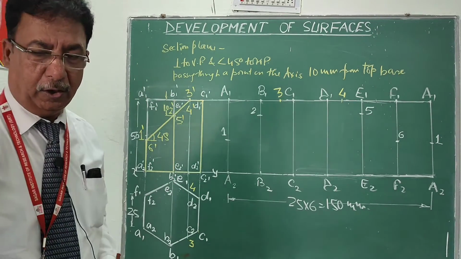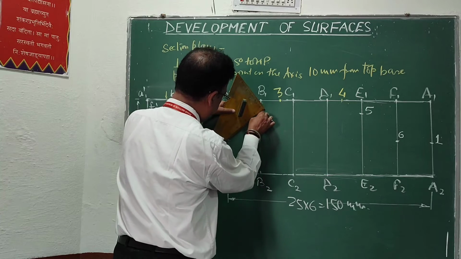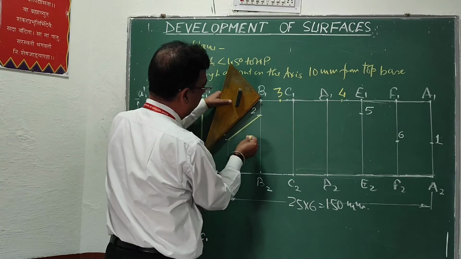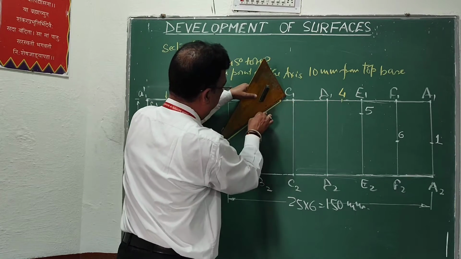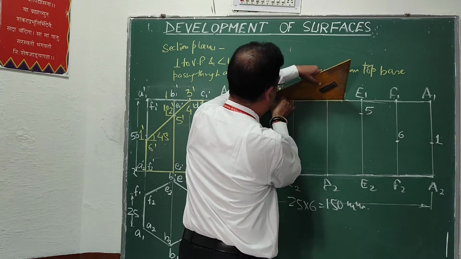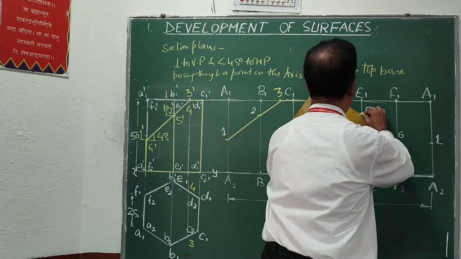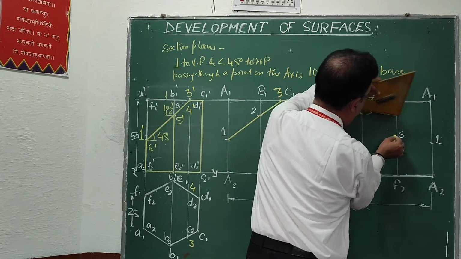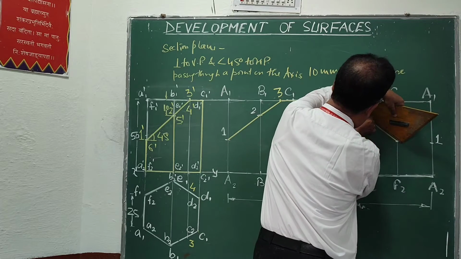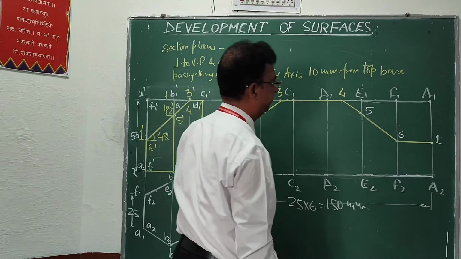Now already I got all the points in the development. Just join all those points by the straight lines. As you know that in the case of polyhedra, if you cut that by a plane, the joining should be with the help of straight lines. So 1 to 2, 3, 4, then 4 to 5, 5 to 6, and then back from 6 to 1.